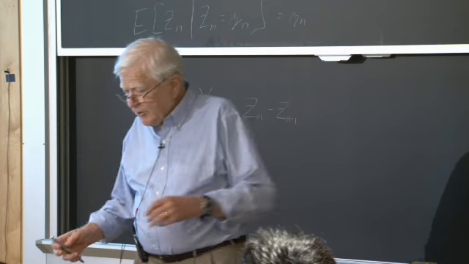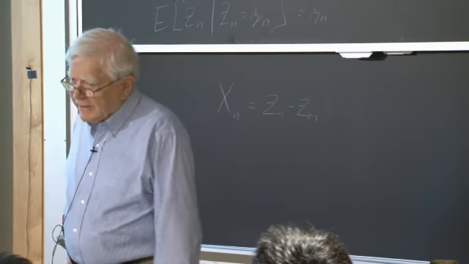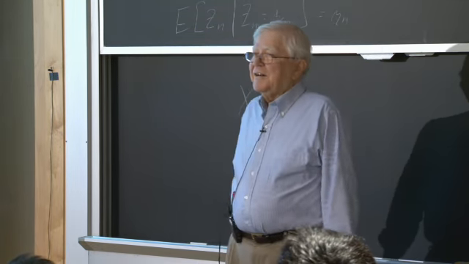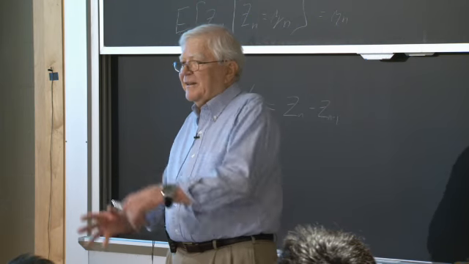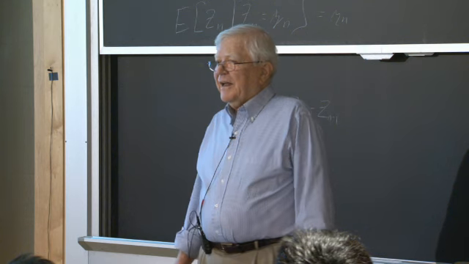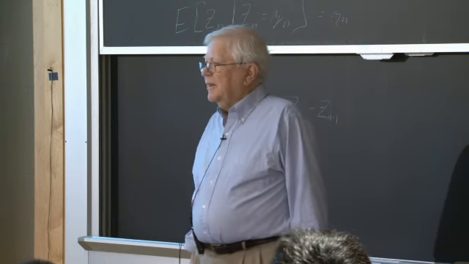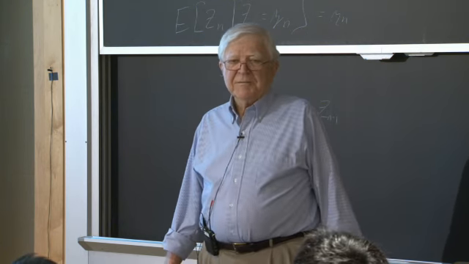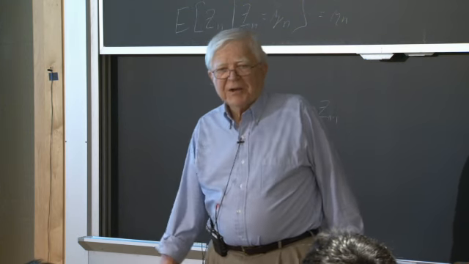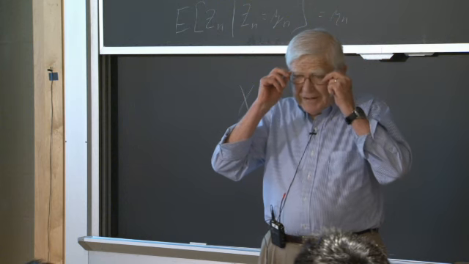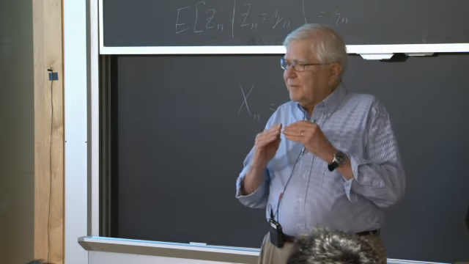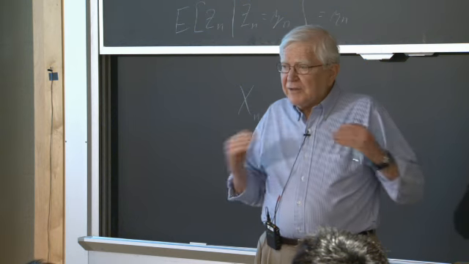And you might guess, or if you've read ahead a little bit, which I hope you have, you will know that the main theorem here is if you start out with a martingale and you stop at some place, you still have a martingale. In other words, if you add stopping as one of your options in gambling, and it's a fair game, if you can find a fair game any place, and you stop, then it's still a fair game.